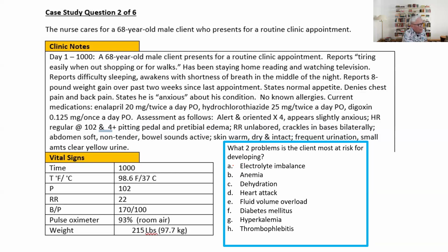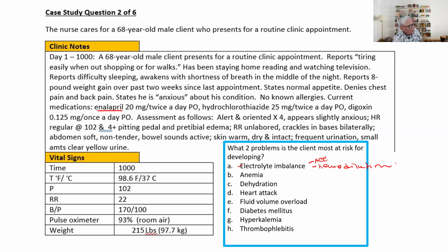Why would there be one? Well, number one, he is on enalapril, an ACE inhibitor, and we said that ACE inhibitors can cause hyperkalemia. But he also has fluid volume overload because of the weight gain, and with weight gain there could be hemodilution. So we said because of the ACE inhibitor and because of hemodilution.